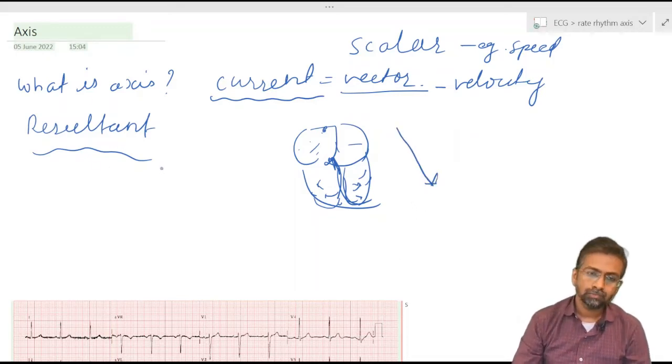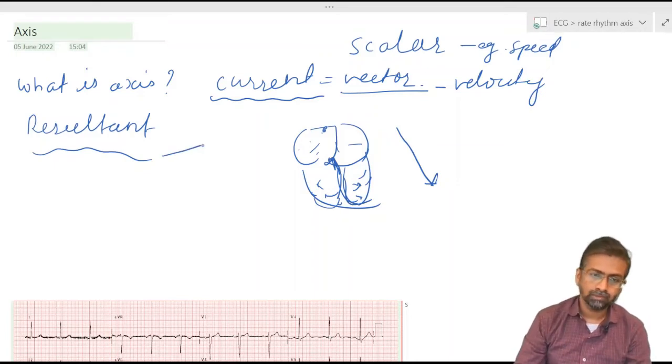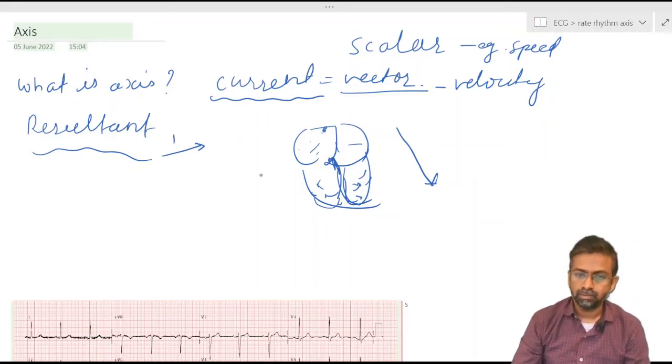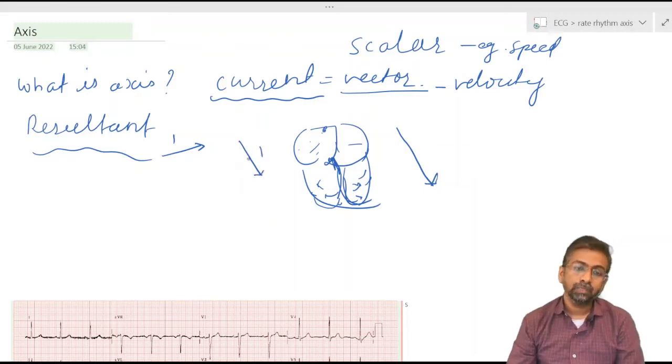Just for your curiosity, I will tell you how we add the vector quantities. Suppose this is one vector, its magnitude is maybe this much, maybe 1 or something, and there is another vector, its magnitude is 1, and this is the direction. And how do you add these? What you do is you lift this vector from here and you put it here.